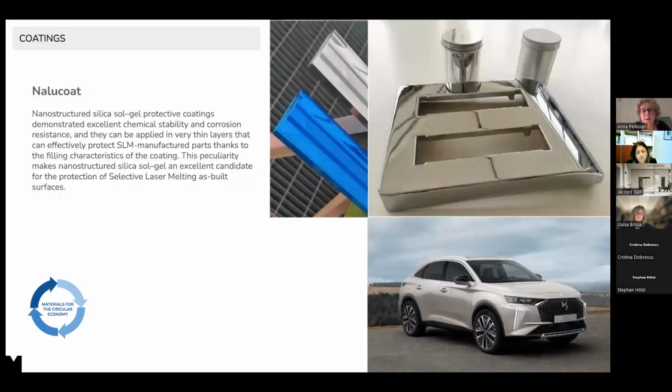And this is also, when we were talking about nano coatings, a type of coating that's based on silica sol gel, and that would deposit a layer of basically nanostructured glass on the surface of metal surfaces to protect it, reducing in some cases even eliminating the need for anodization or galvanic finishing, which are again one of the most impacting processes and steps in the manufacturing of metal objects.